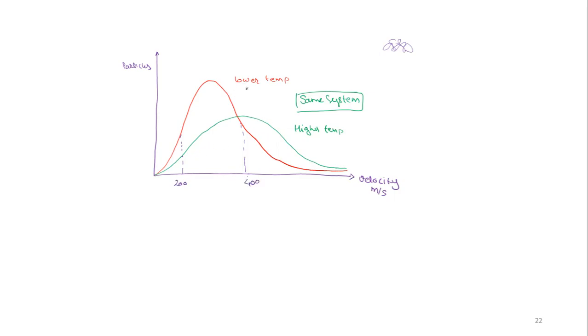Most of the atoms at lower temperature are in the range of 200 to 400 meter per second. But when you increase the temperature, the range of velocities will increase, and most particles will be observed in the range of 200 to 600.